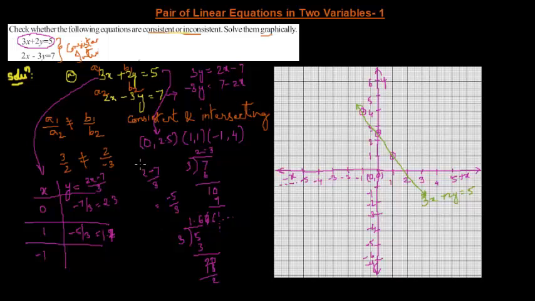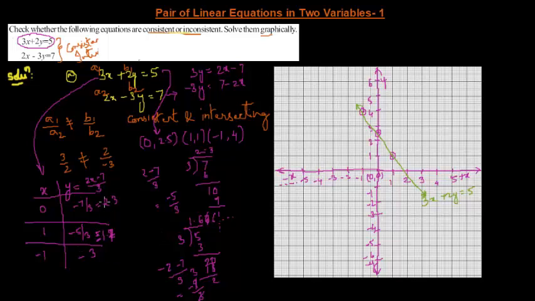Now let me take minus 1. If I put minus 1, I get minus 1 into 2 is minus 2, minus 7 by 3. Minus 2 minus 7 is minus 9 by 3. 3 3s are 9. Therefore, I get minus 3. Here this is minus 1.7.